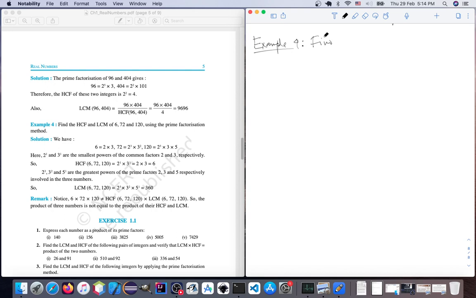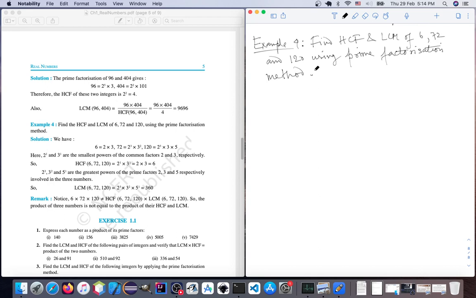Find HCF and LCM of 6, 72 and 120 using the prime factorization method.